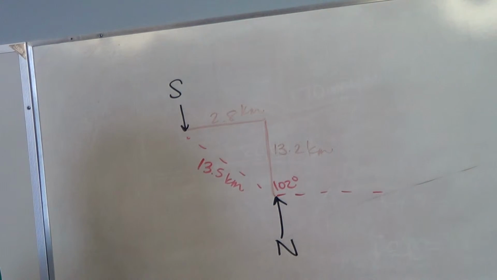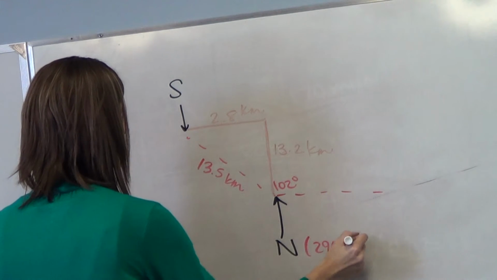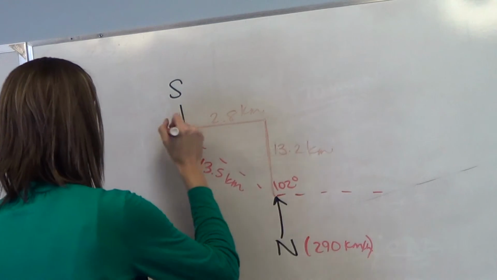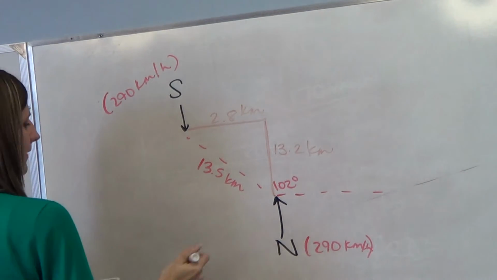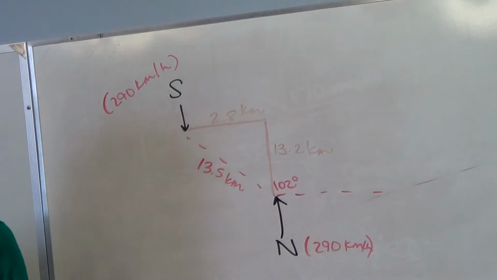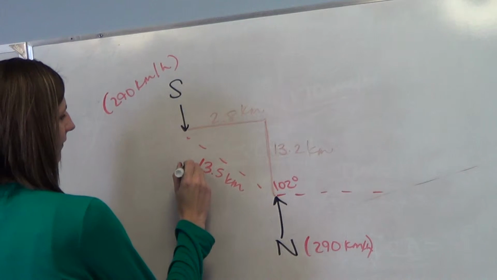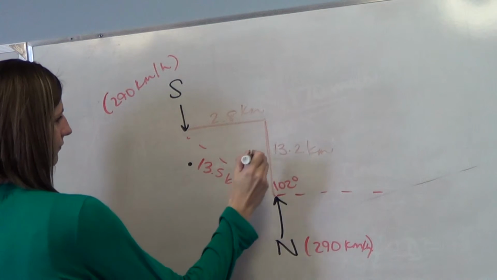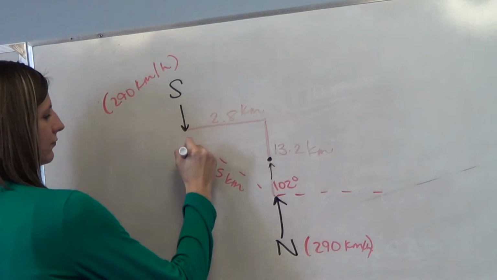So, how long will it take before they're side by side? So if they're both going the same speed, then basically they want to know if they keep going directly north and directly south, when will they be side by side? Meaning, like this.